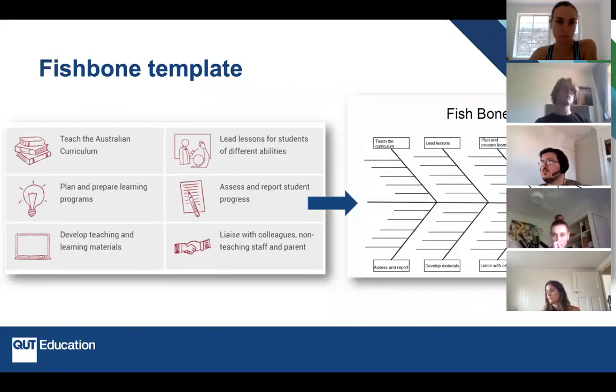So you needed to formulate 4 to 5 actions in each category on the fishbone to the line below that heading that you can see on the slide. So the fishbone, this template, is yet another example of a graphic organizer that you possibly might want to use for your assessment task.